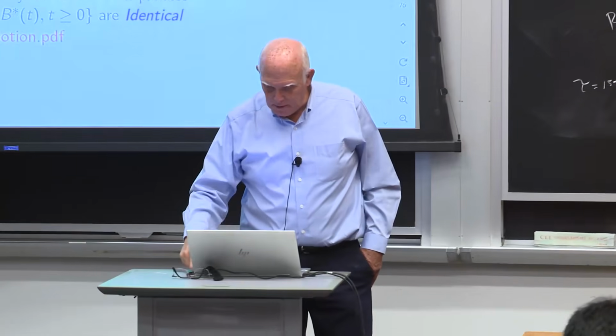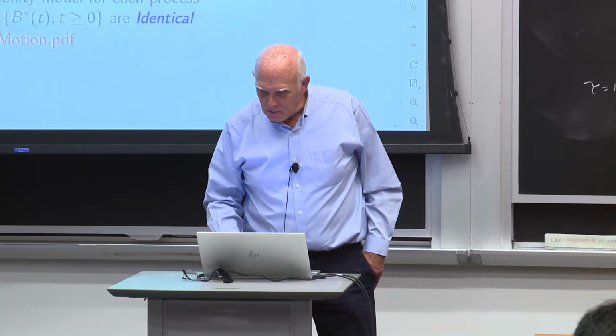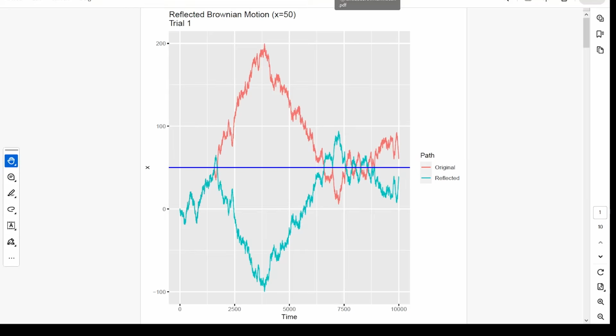So let's take a look at this reflected Brownian motion simulation. What I'm doing here is simulating Brownian motion over 10,000 steps and looking at an original process in red and then reflecting that in green.